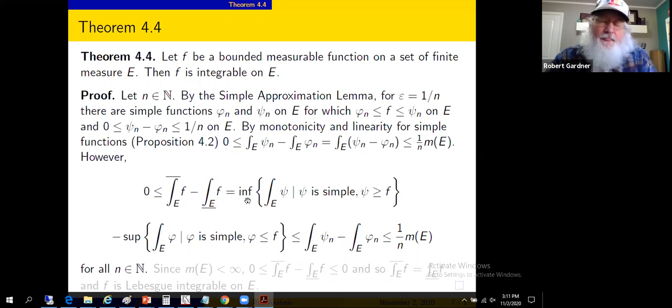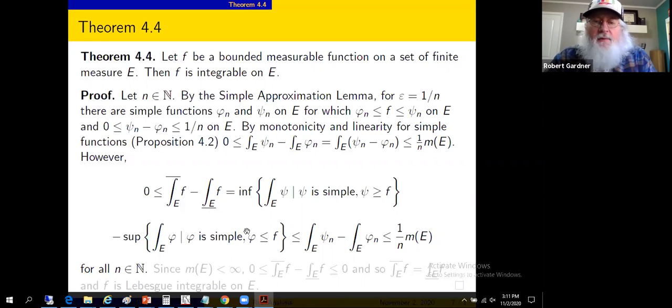It's an inf over integrals of simple functions psi, where psi is greater than or equal to f. From that, we're subtracting an integral of simple functions phi, where phi is less than or equal to f, giving a lower Lebesgue integral, when we take a sup.